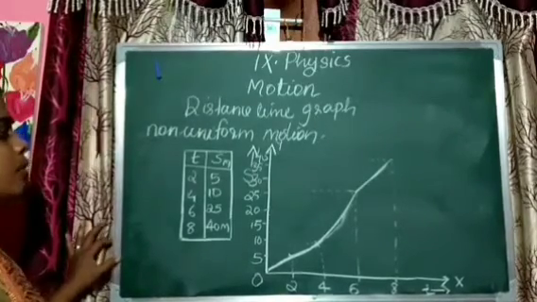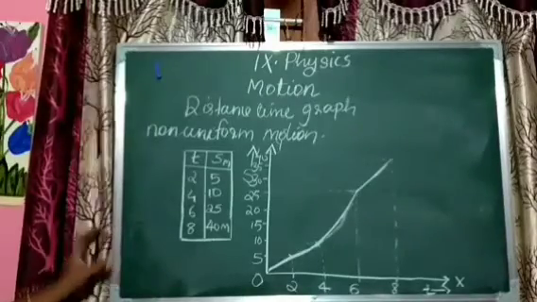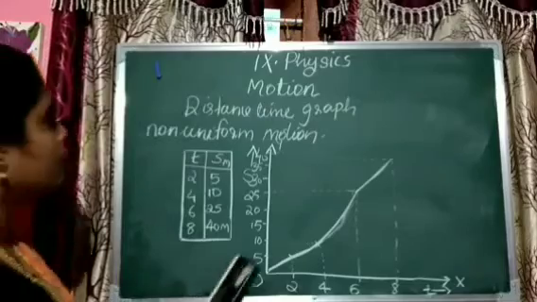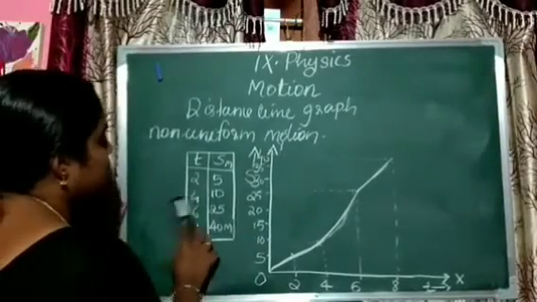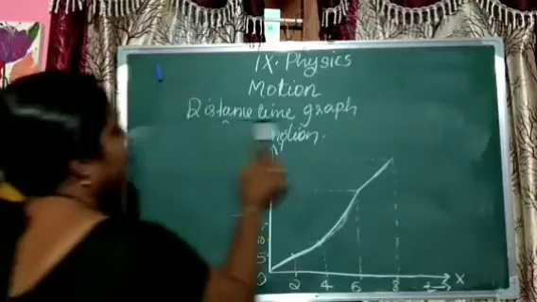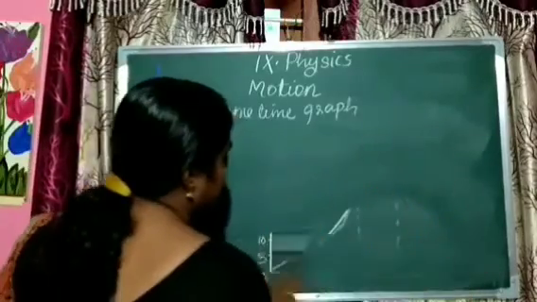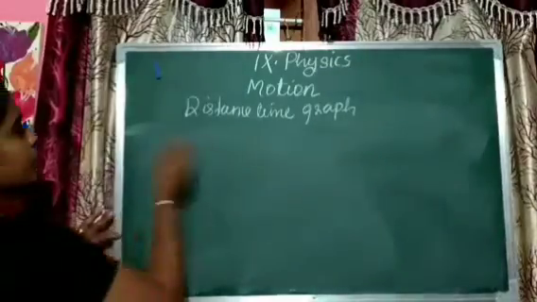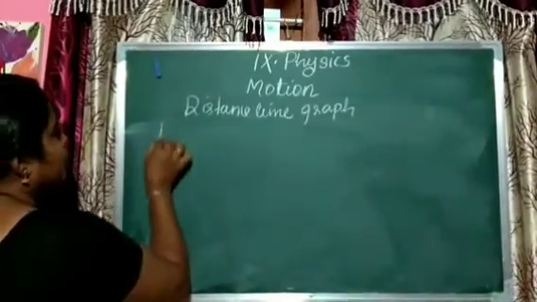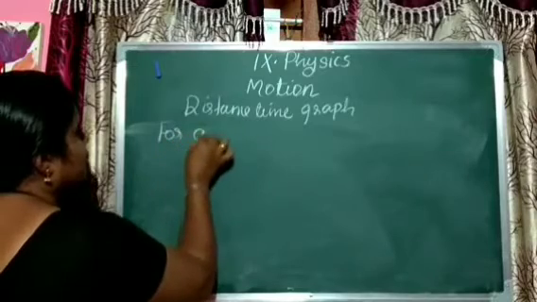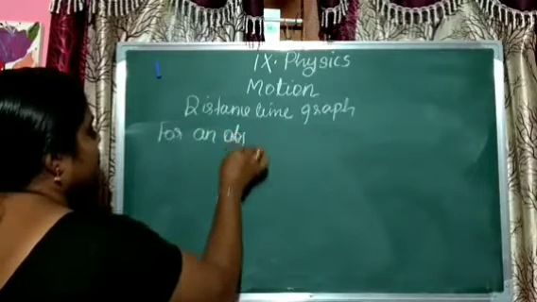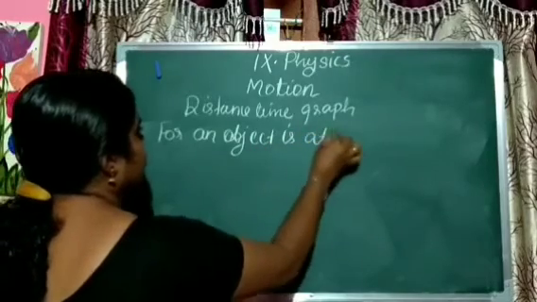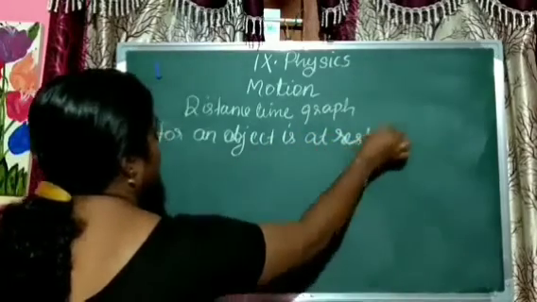Next we can see what is the shape of the graph if an object is at rest. Non-uniform motion is also completed. Next, the distance time graph for an object at rest.